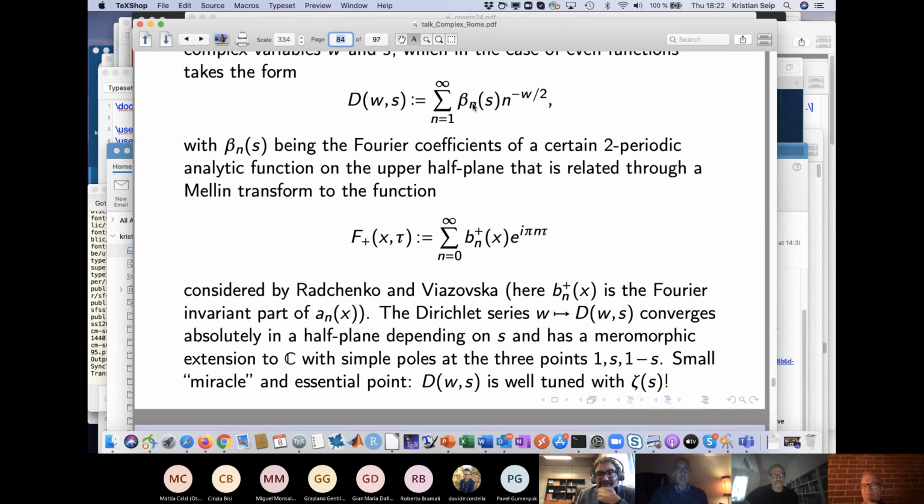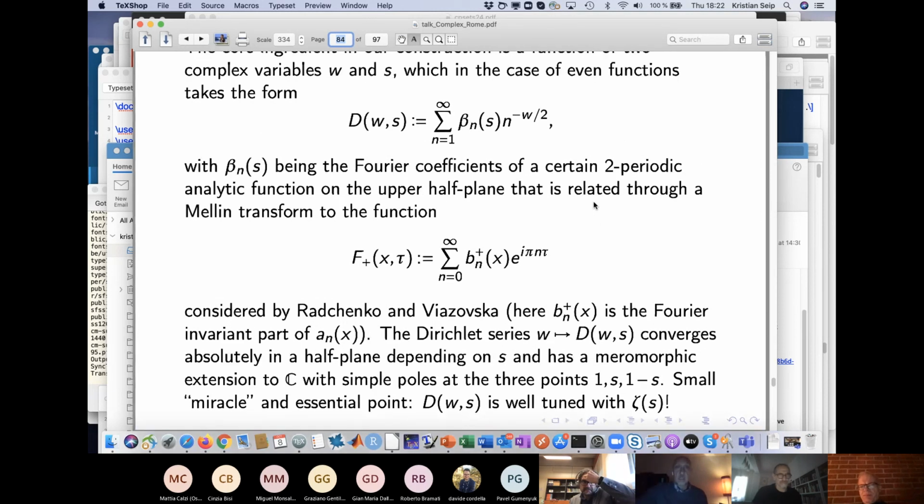Well, I have one here. This beta n coefficient is just in this line, the definition of the kernel. How explicit are they? This is very specific. Yes, how should I say?